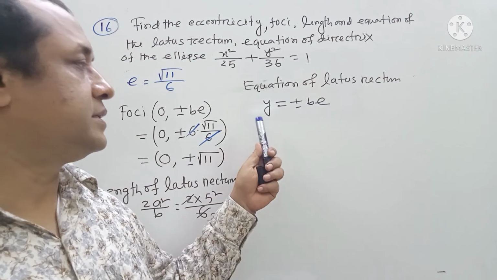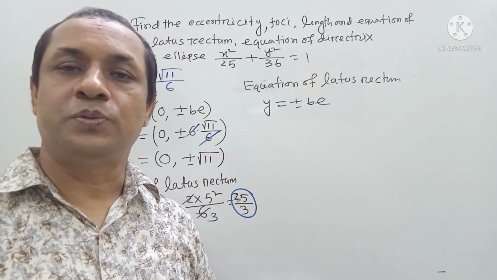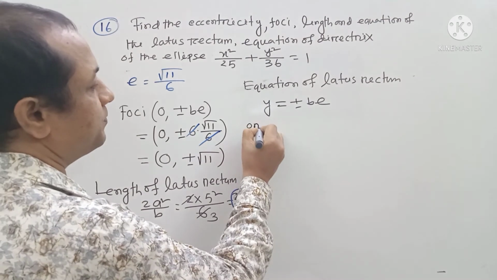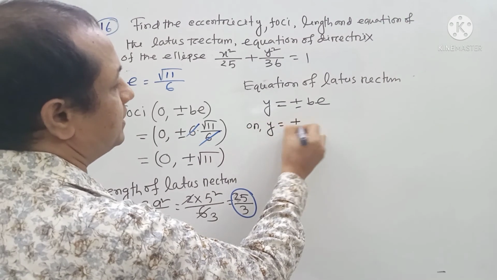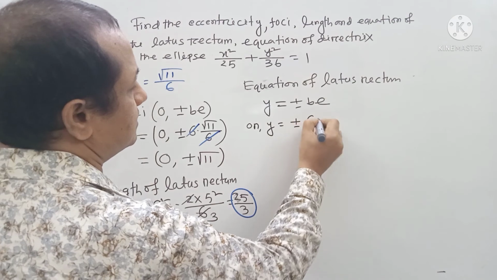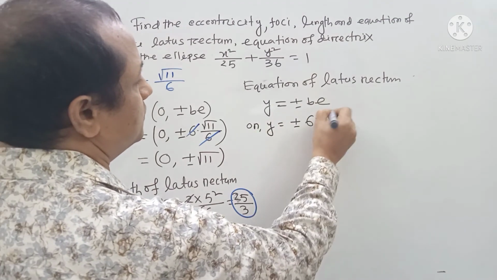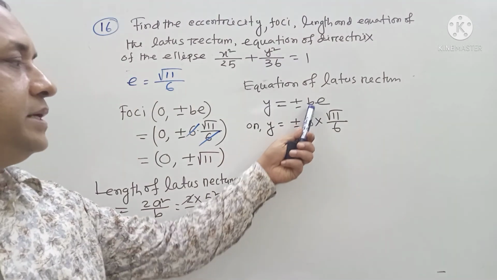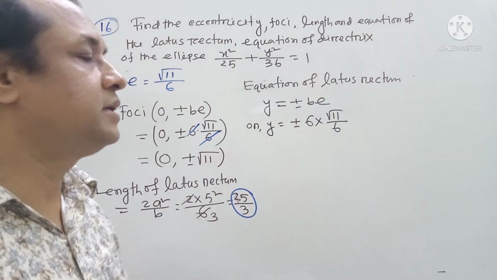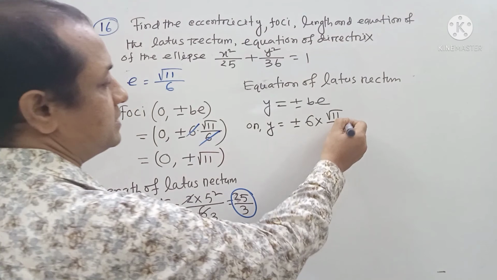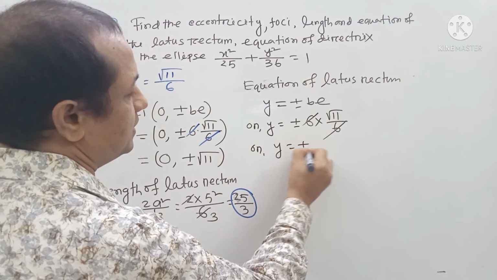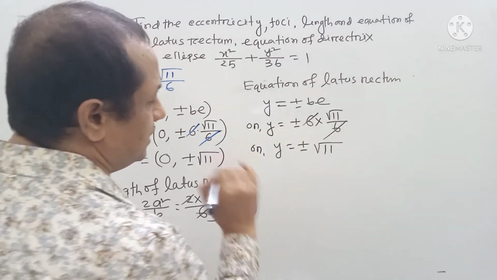Now putting the value of b is 6 and e is root over 11 by 6. So 6 and 6 cancel. Then we get y equals plus minus root over 11.